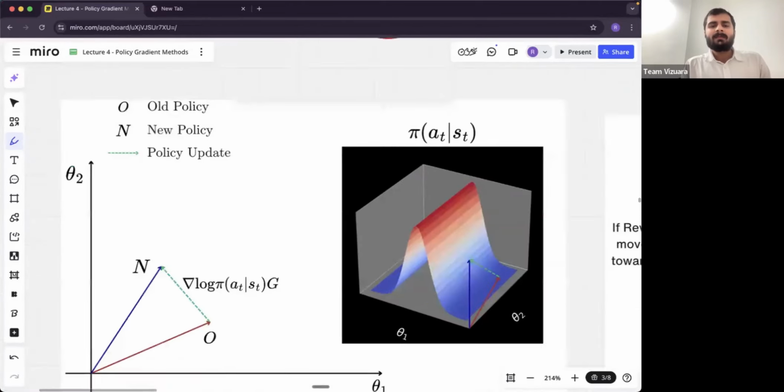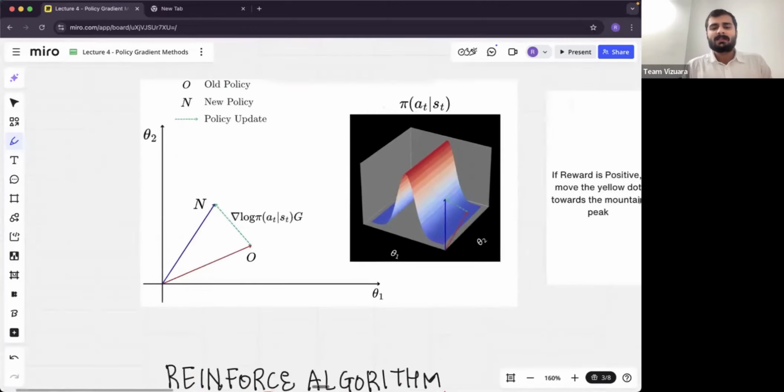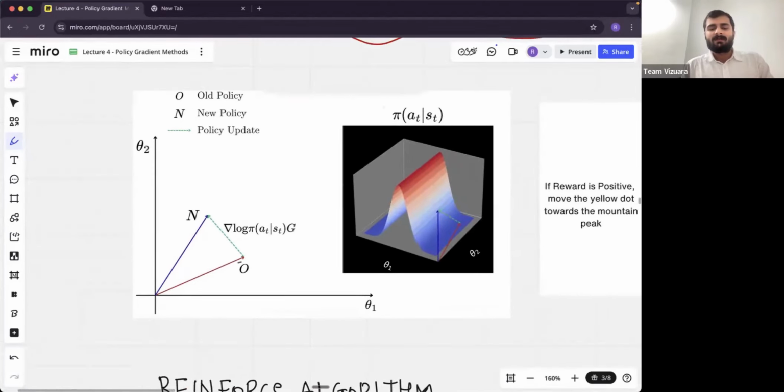So let's say your old policy is given by some combination of theta1 and theta2. Let's say you have two parameters which you have used to parameterize your policy.